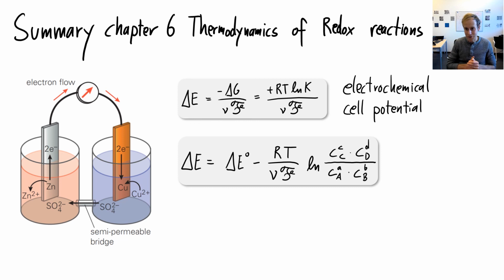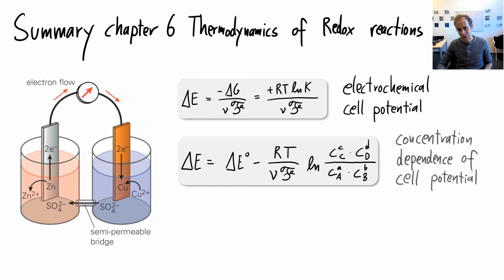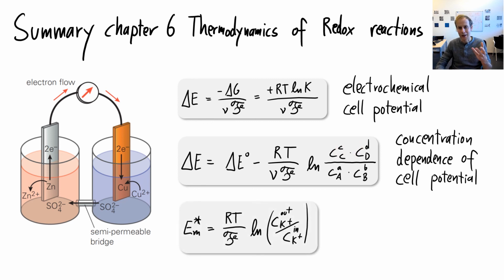Then in this knowledge clip we learned how the Nernst equation describes the dependence of the cell potential on the concentration of the reaction, reduction and oxidation chemicals. And last, we've learned the definition of the resting membrane potential with this equation that we just derived.